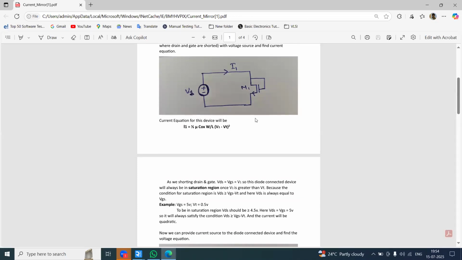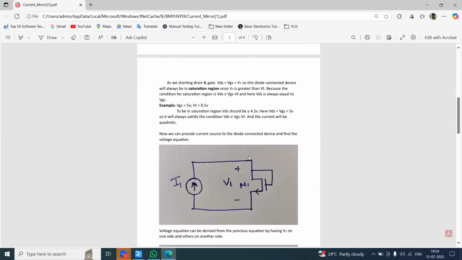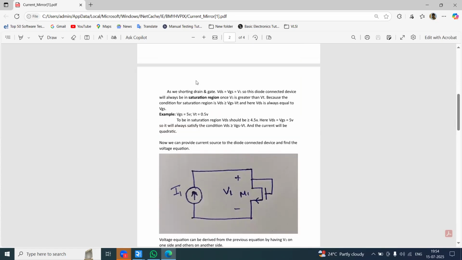This is the normal current equation, whereas here the drain and gate are shorted together, so VDS will be the same as VGS.